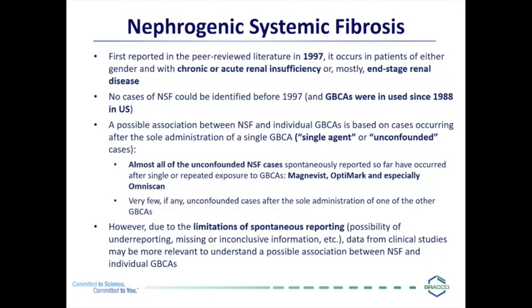However, the incidence of NSF in the population at risk, namely those subjects with markedly reduced renal function, is substantially higher, and has been reported to be up to 13% and 18% in patients with end-stage renal disease and previous known exposure to Magnevist and Omniscan.